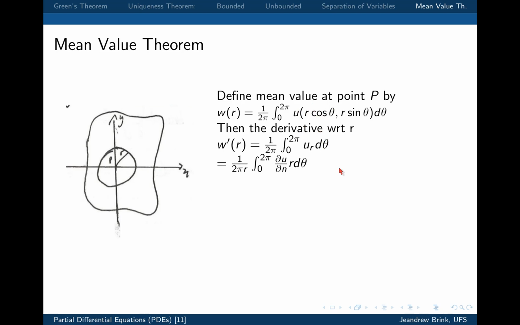So it's effectively the gradient of U dotted with the normal around the circle times R d theta. Those two are equivalent.